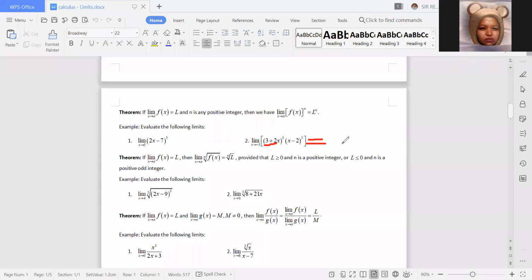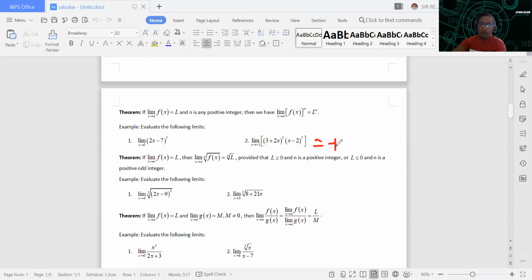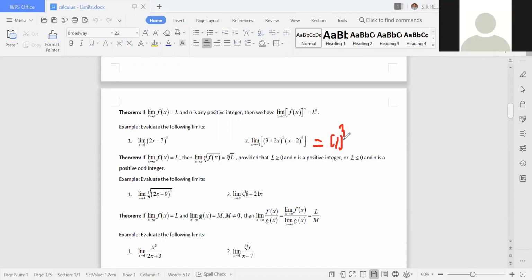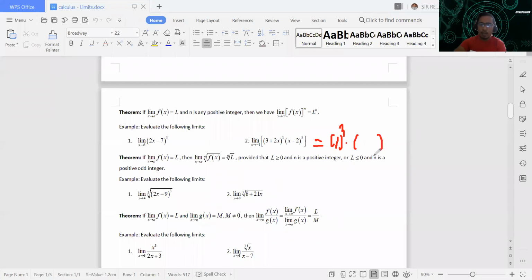Negative 243, sir. First, what's the answer inside here? It is 1. So you have 1 cubed, right? Yes, sir. This is a combination of powers and multiplication, the limit of a product.